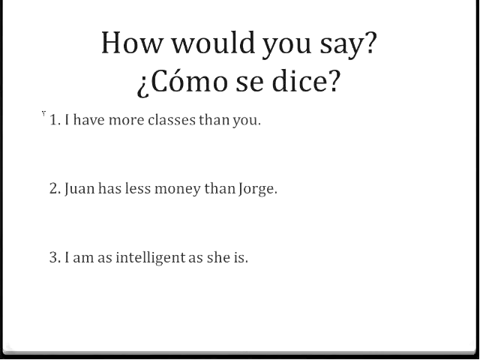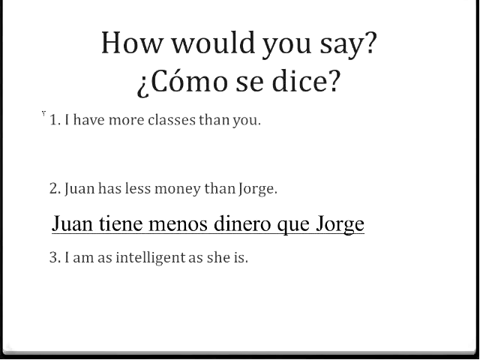So what is the formula for equality? I am as intelligent as she is. Yo soy tan inteligente como. So you're using tan and como.